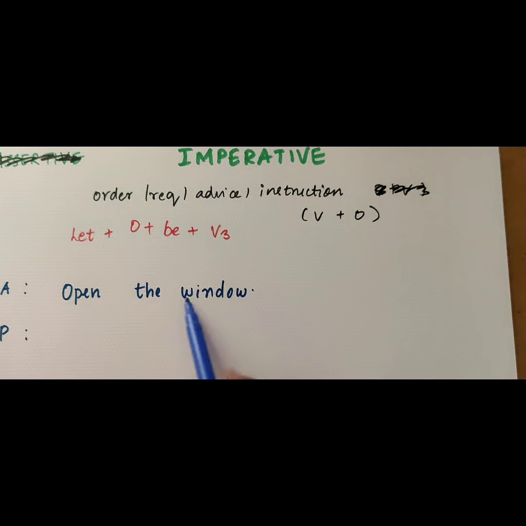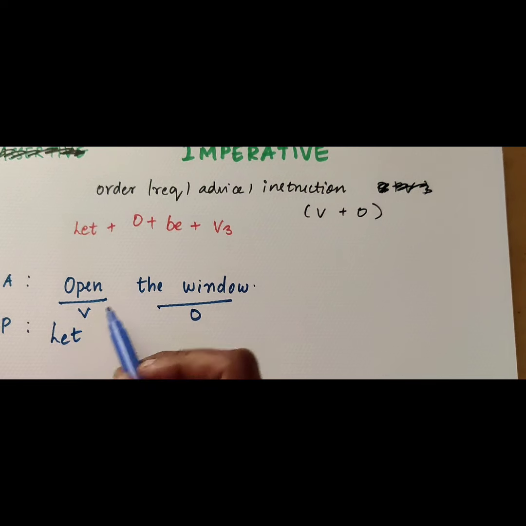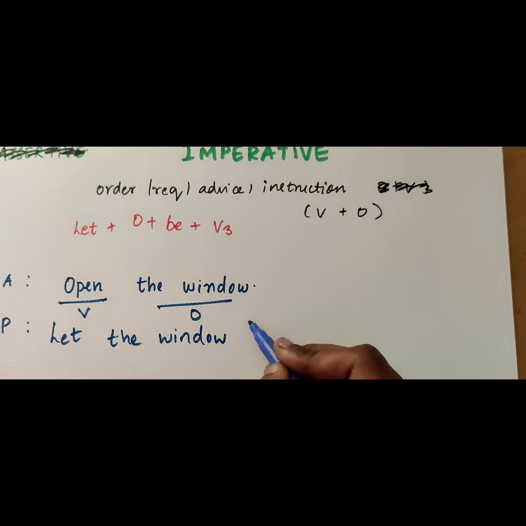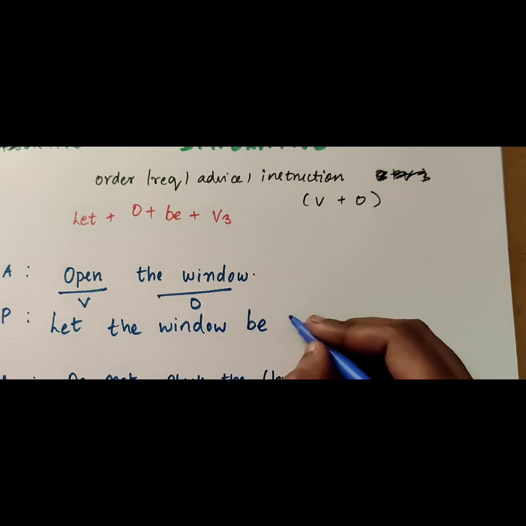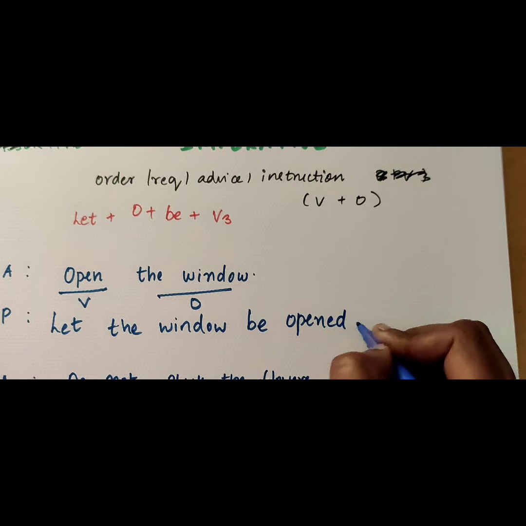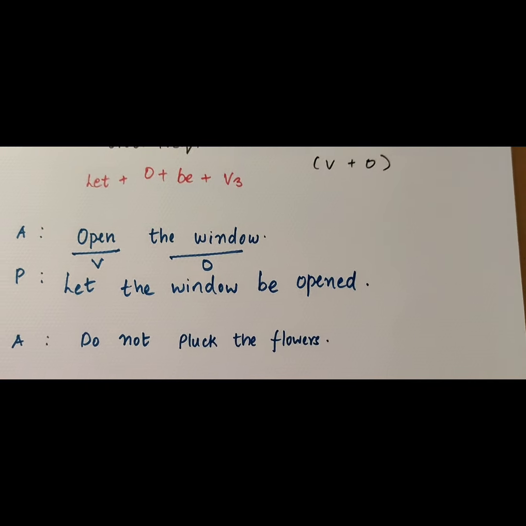See, open the window: verb, object. So add let, the object the window, be, verb 3; the third form of open is opened. Let the window be opened.